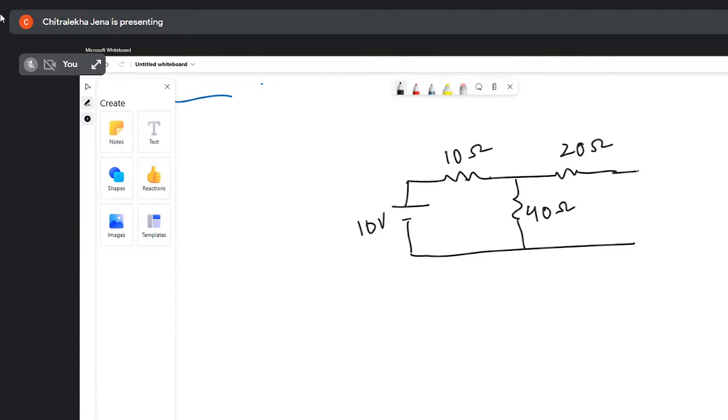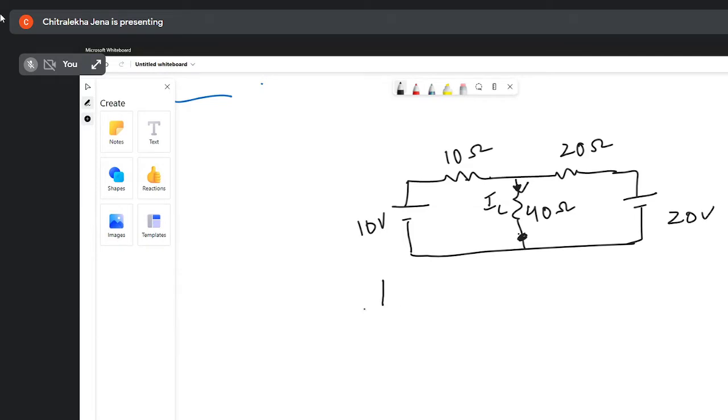Then this is 20 volt. The aim is to find the current in the 40 ohm resistor by using Thevenin's theorem. So what is your first step?